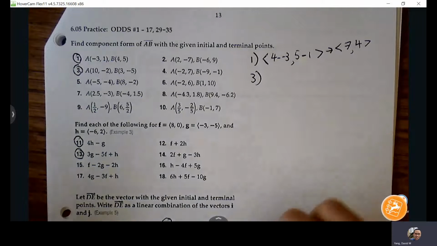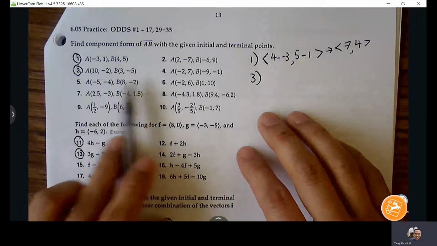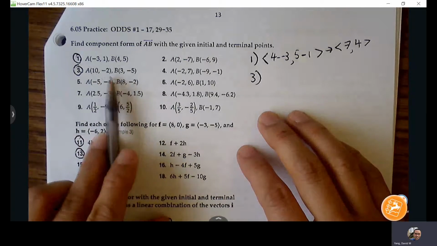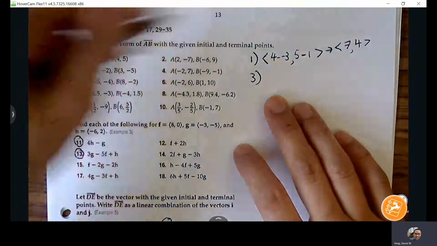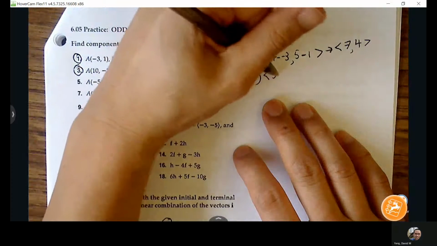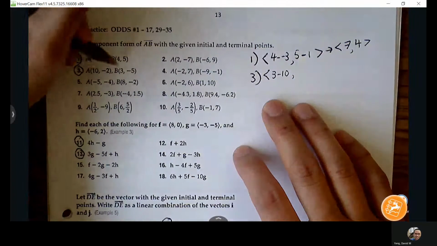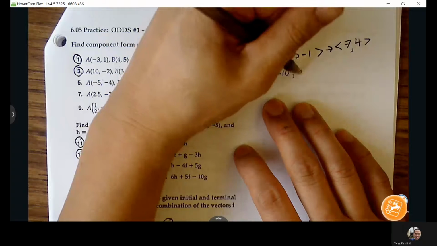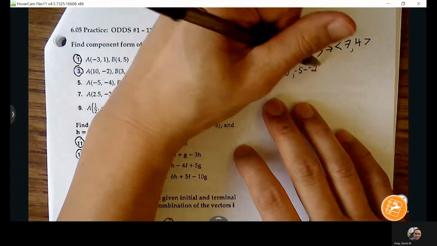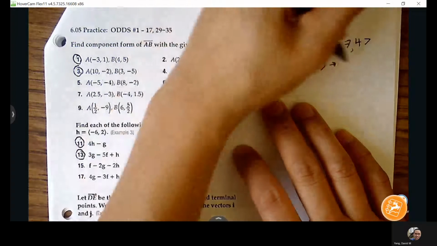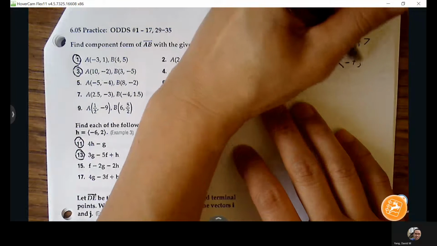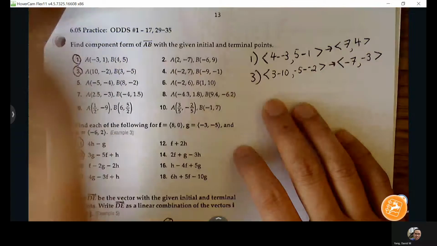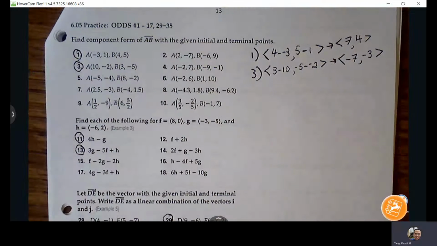Okay, number 3, same thing. x2 minus x1, and then y2 minus y1. Okay, any questions there?